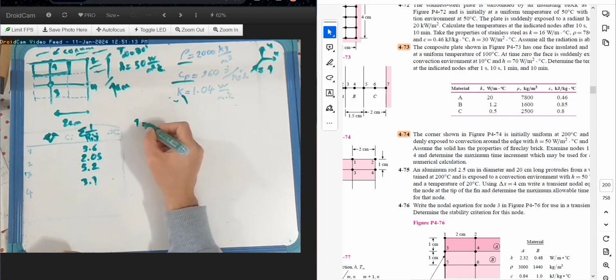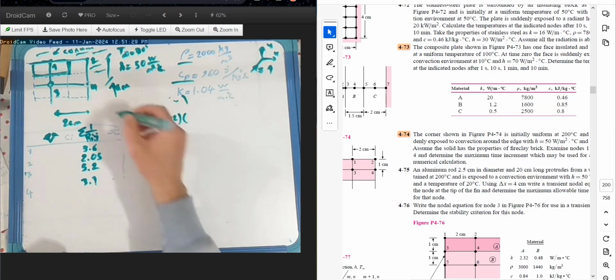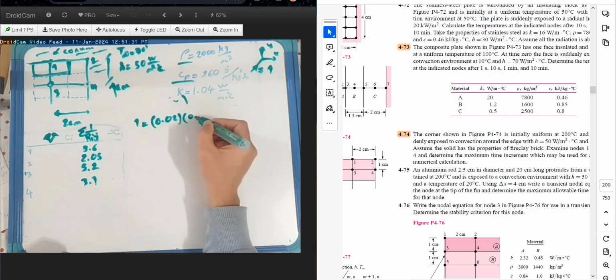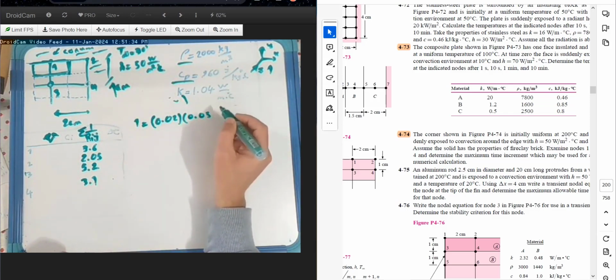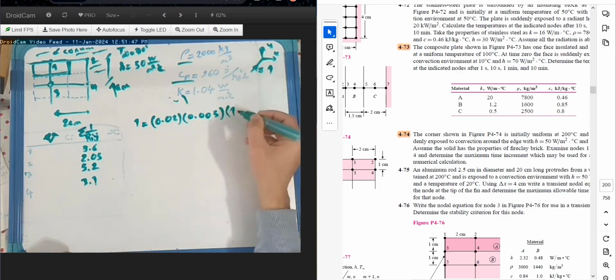For element 1, 2 centimeters in width multiplied by 0.005, and as I said here, in the z direction we have 1 unit.